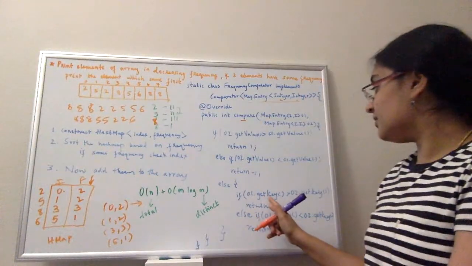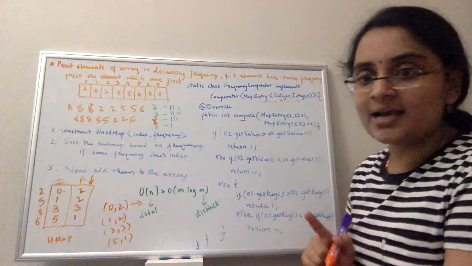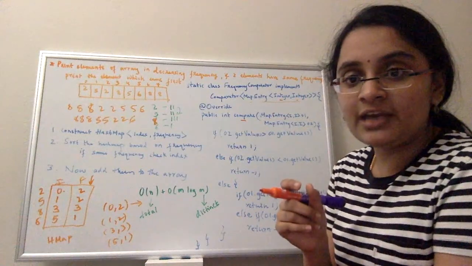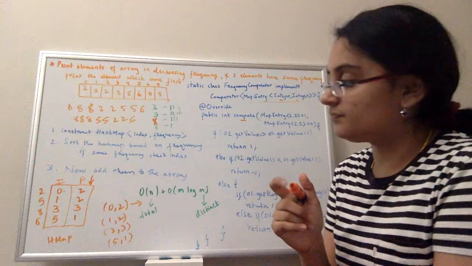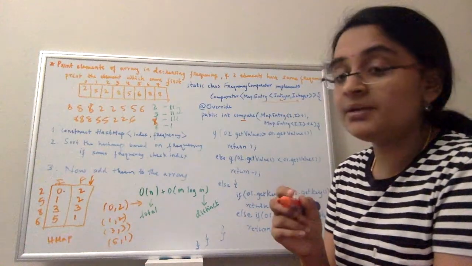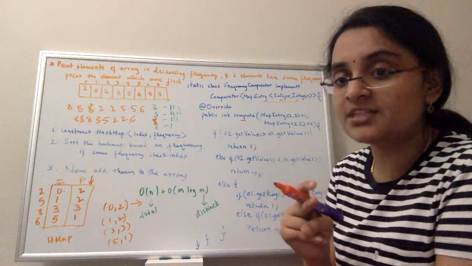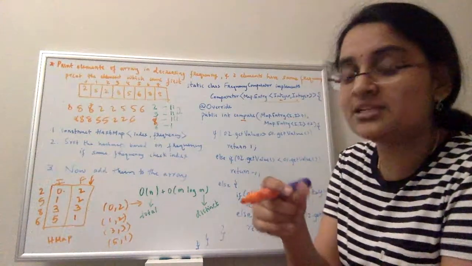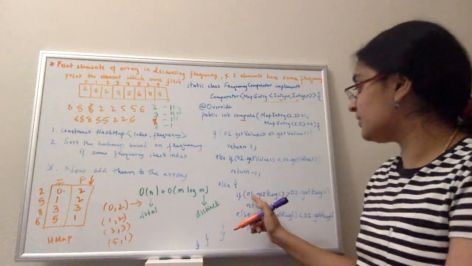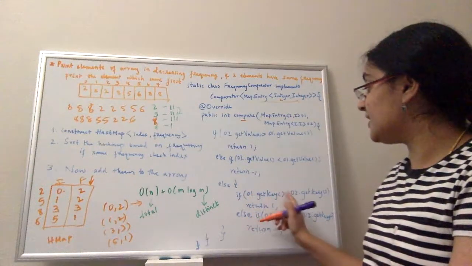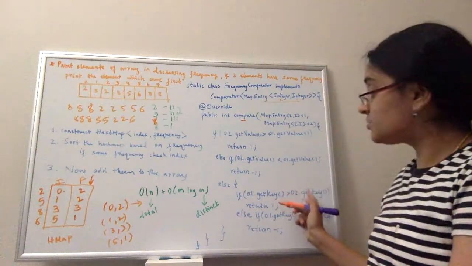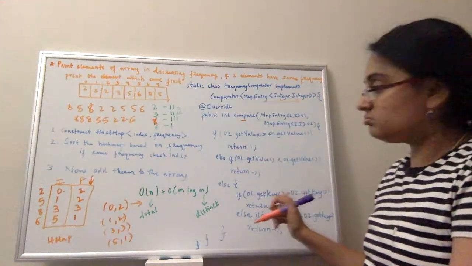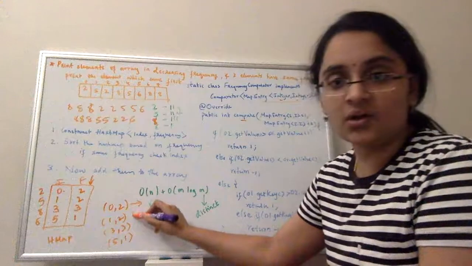Now I want the indexes in ascending order, because if two elements have the same frequency, I have to go check the index which came first, meaning ascending. So I'm using o1.getKey compared with o2.getKey. This will sort in ascending order.